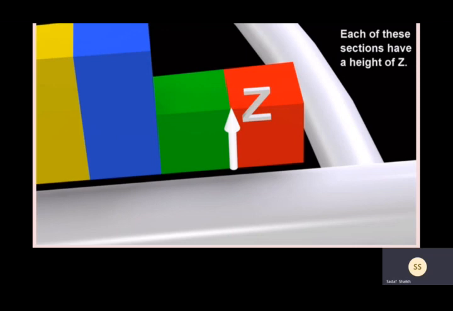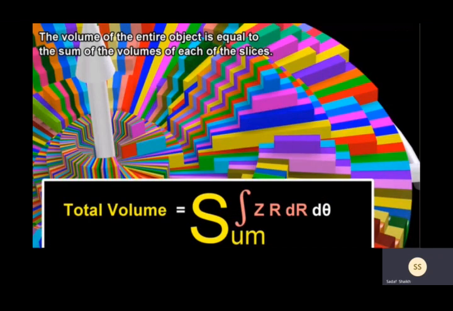Then if we find individual rectangular areas and multiply them with the height of each of the rectangles and sum them up, we have the total volume of that particular slice only. But if we sum all of these similar sections or slices, we have the volume of the entire object.